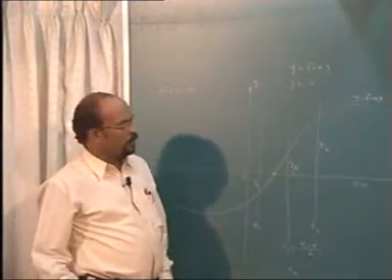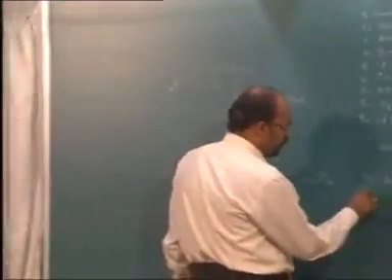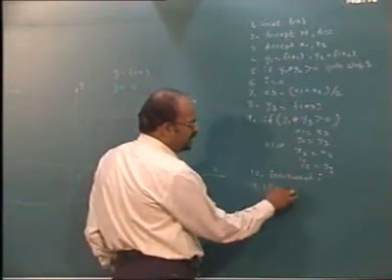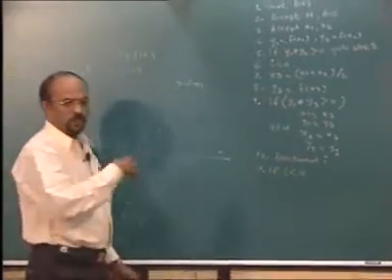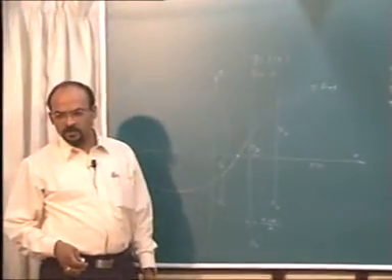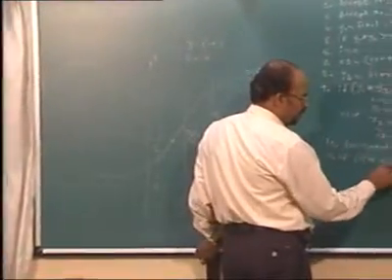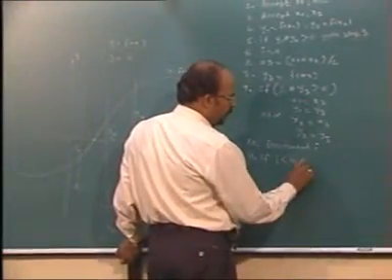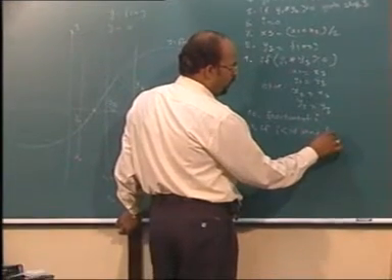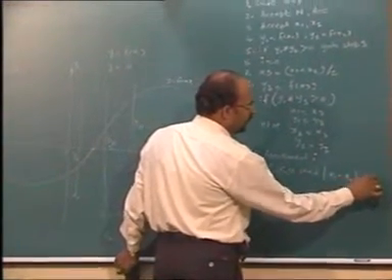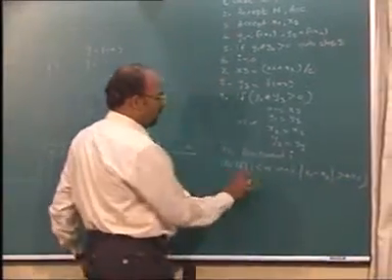Now I will have to check the accuracy. If I is less than n, because I am supposed to do this job maximum n times, so I have not done it n times, and mod of x1 minus x2 is greater than accuracy, that means accuracy is not reached.